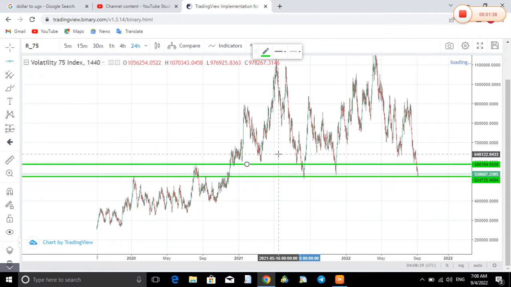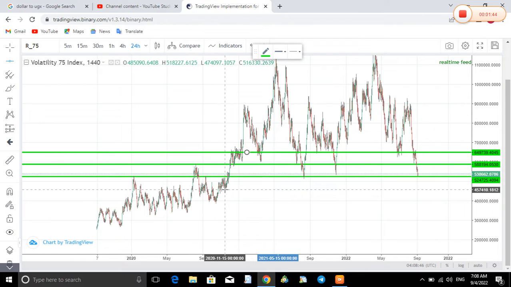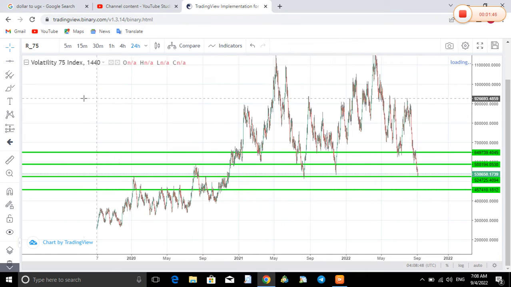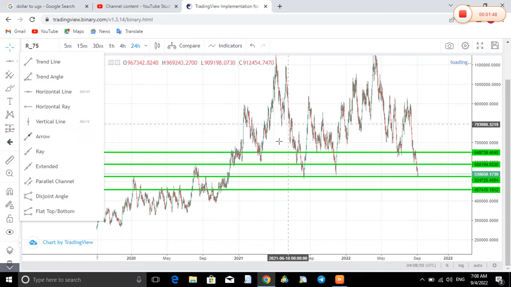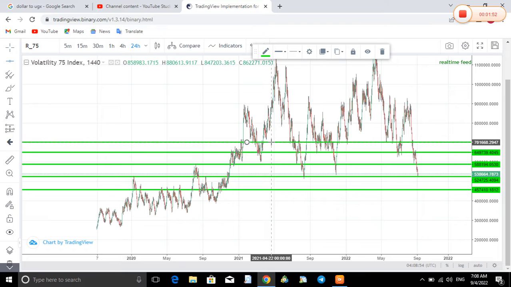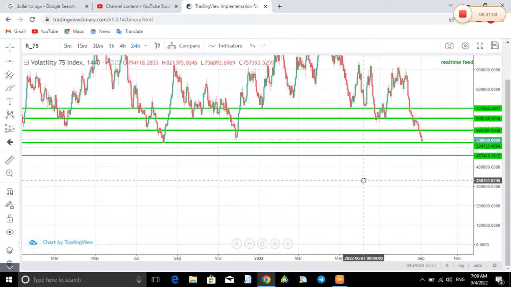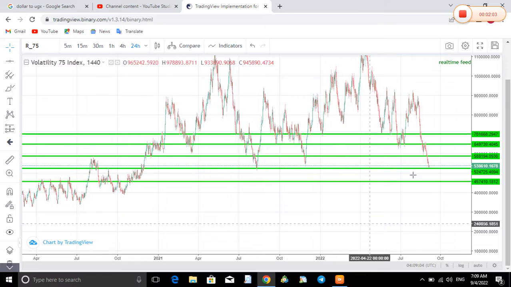In order to spot your major market key levels, make sure that you are always in a higher time frame. So at the moment you can see 75 is playing around this region, this area.